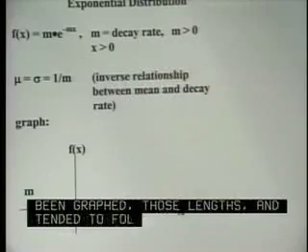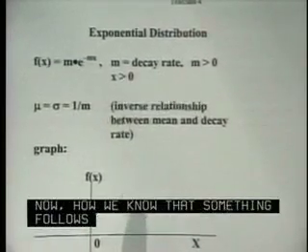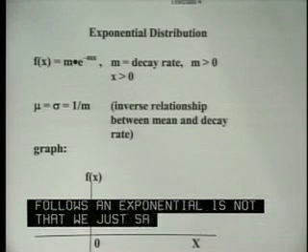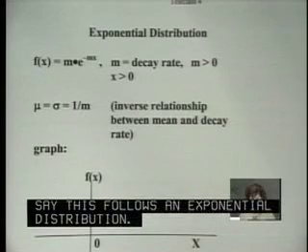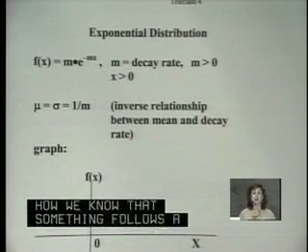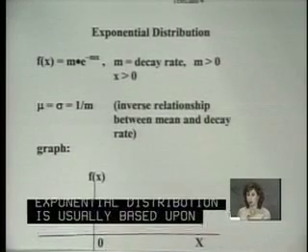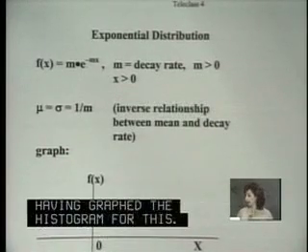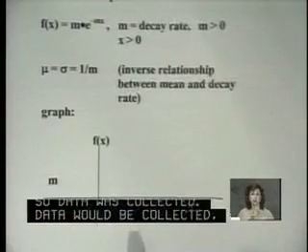Now, how we know that something follows an exponential distribution is not that we just say, okay, let's say this follows an exponential distribution. It's usually based upon having graphed the histogram. Data would be collected, and we would have a graph done.